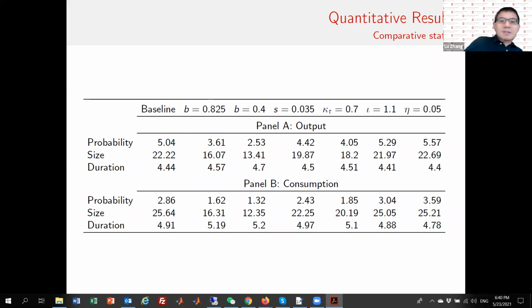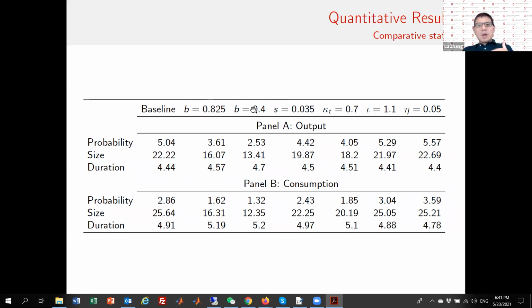You see the results are quite sensitive, which means the flow value is really important for the model dynamics. Reduce it slightly, and the disaster probability for output drops to 3.6, size drops from 22 to 16, although the duration is not much affected.